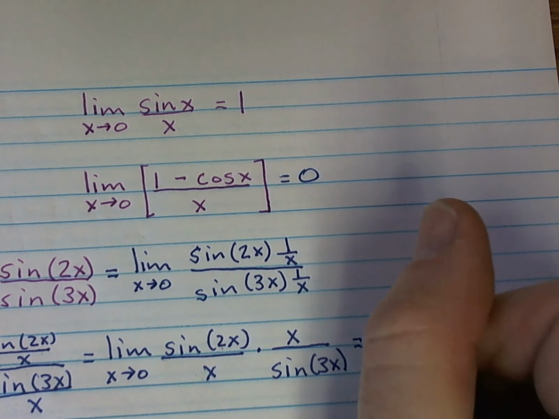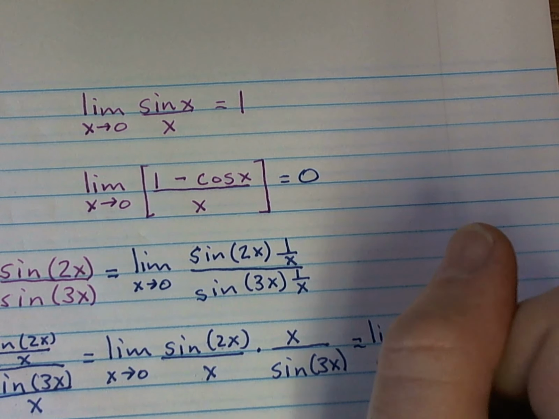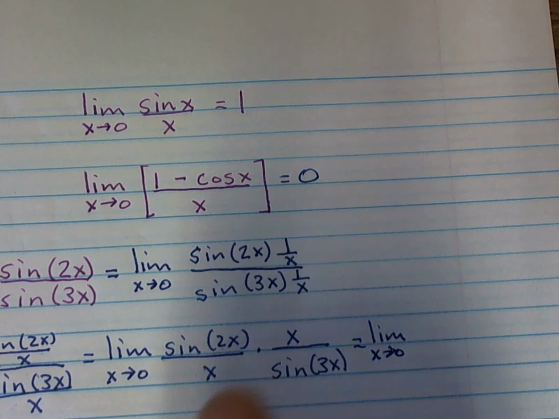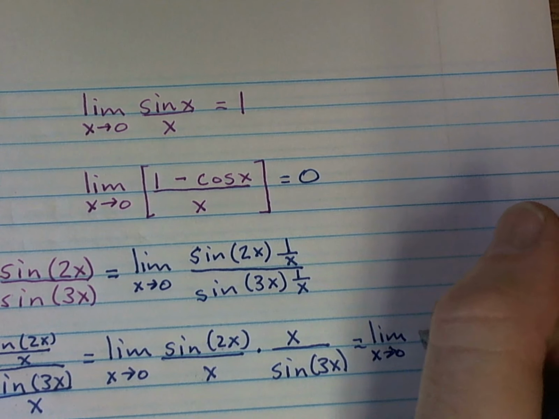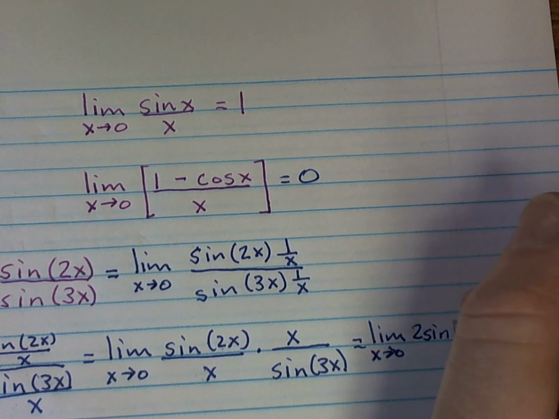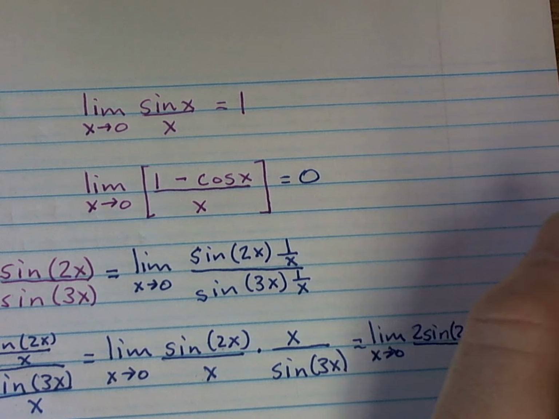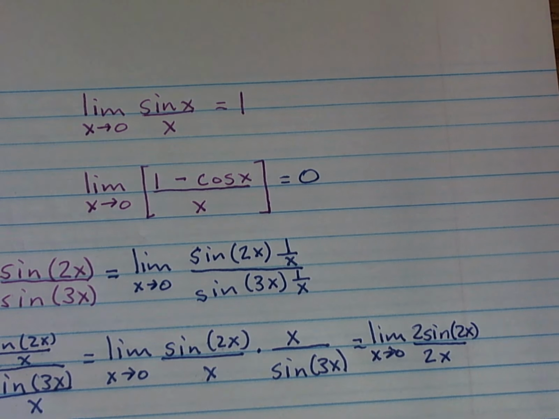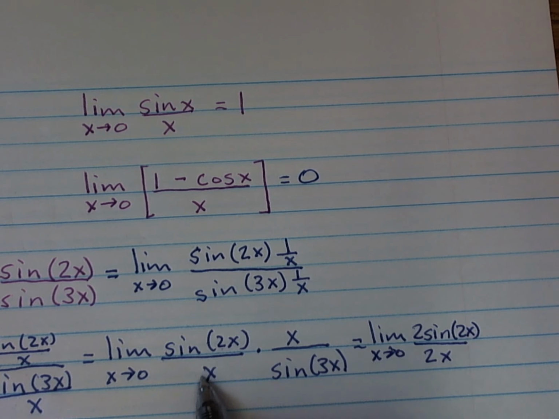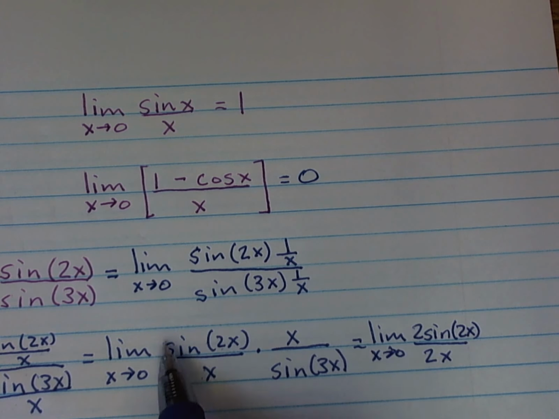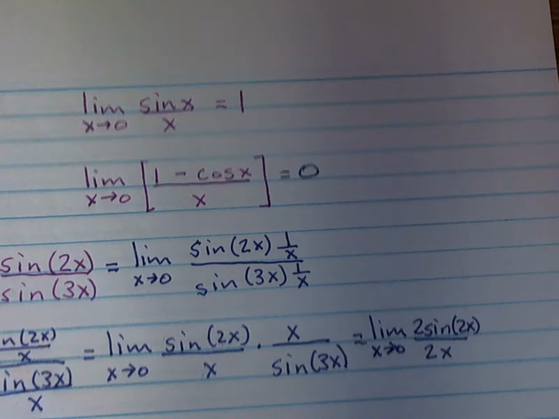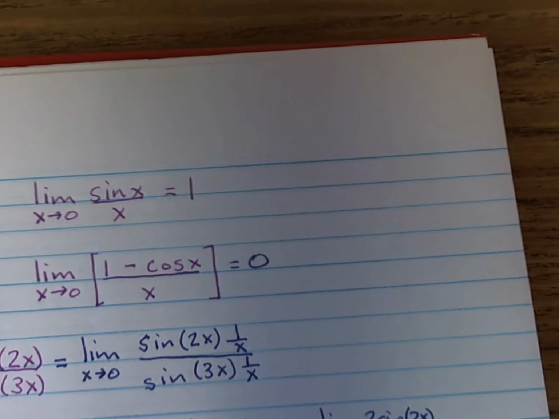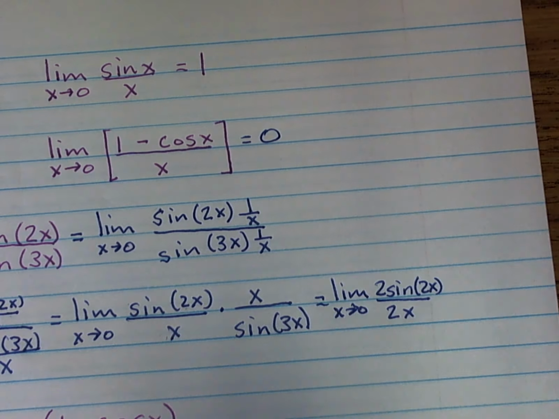So I've got the limit as x goes to 0 of 2 sine 2x over 2x. All I did was multiply the top and the bottom of this one by 2, and that doesn't hurt anybody. We can multiply by 1.